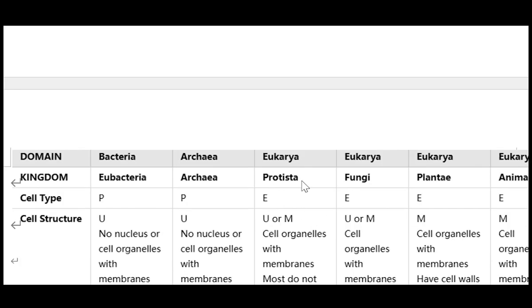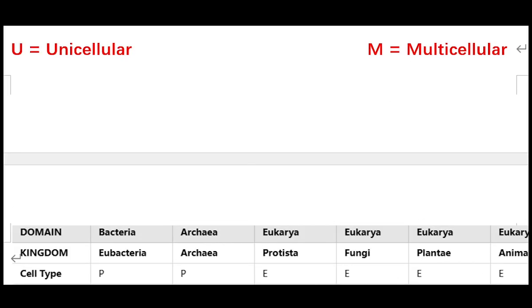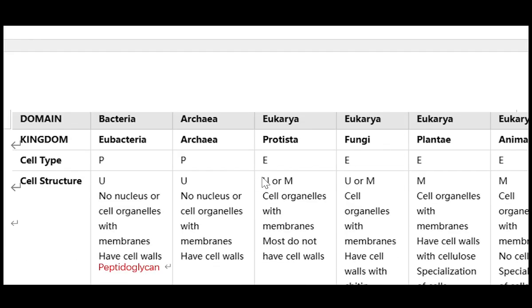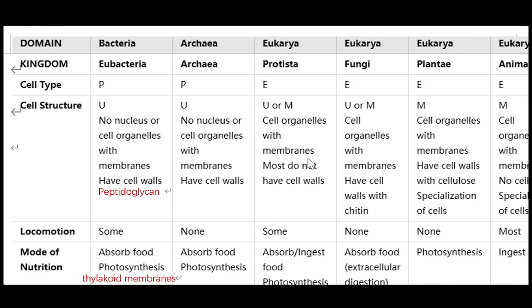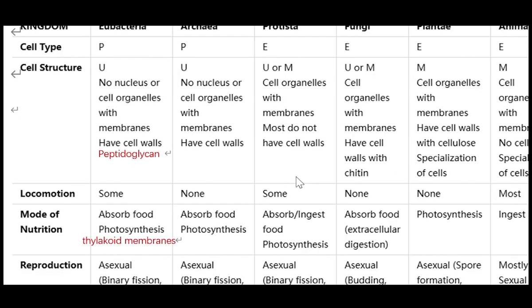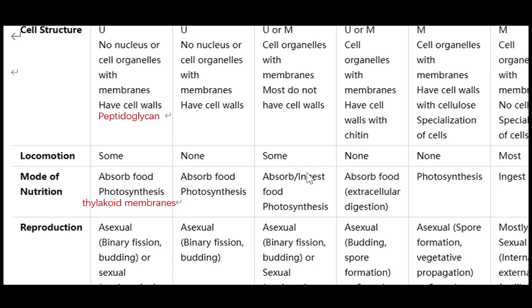And moving on to protista. All of the protista are eukaryotes. Again, I use the letter E to represent eukaryote. And they can be either unicellular or multicellular. And most of them do not have cell walls. Some protists are able to move, and I'm going to cover that part in the next lesson actually.